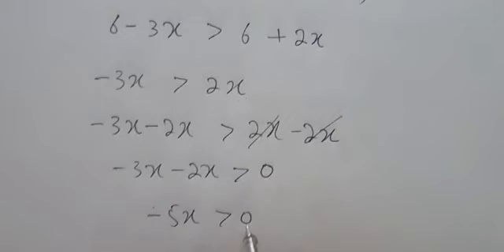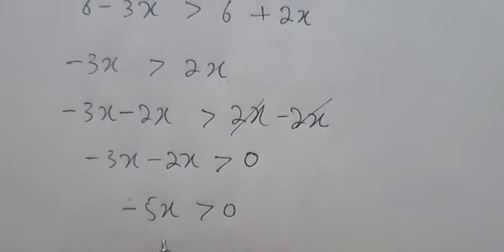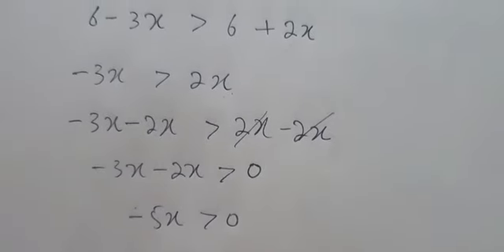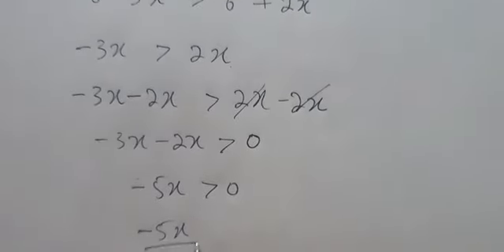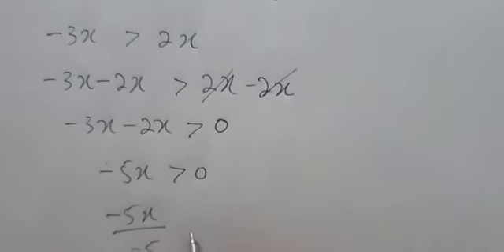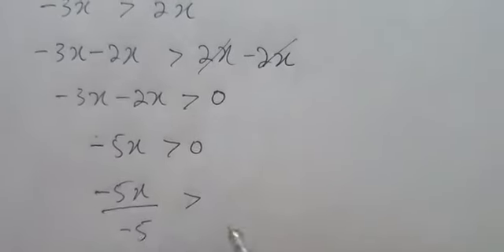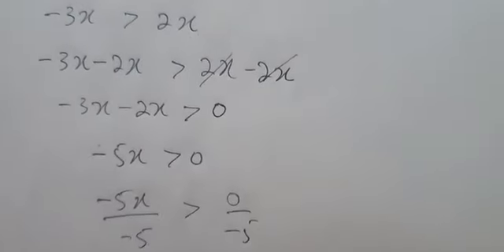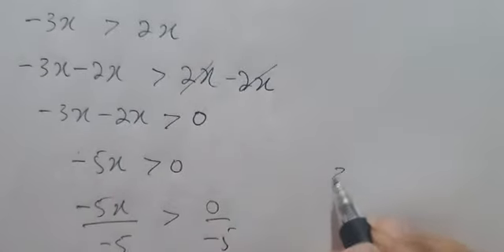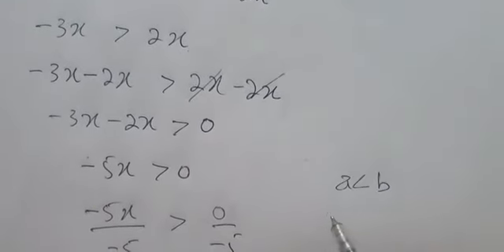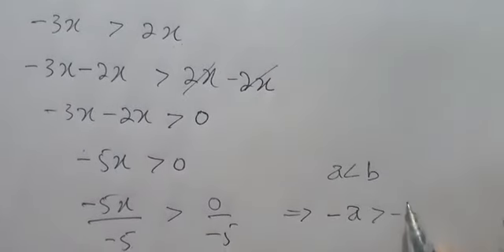greater than 0. Now, as we need to solve this for the variable x, we also need to remove this negative 5, and for that we will divide the inequality on both sides by negative 5. When we divide by a negative number on both sides of the inequality, there is a rule: if a is less than b, this implies that negative a will be greater than negative b.